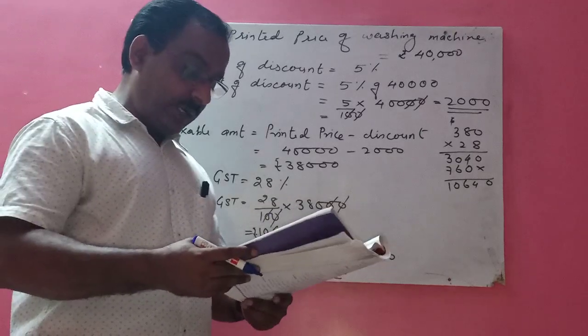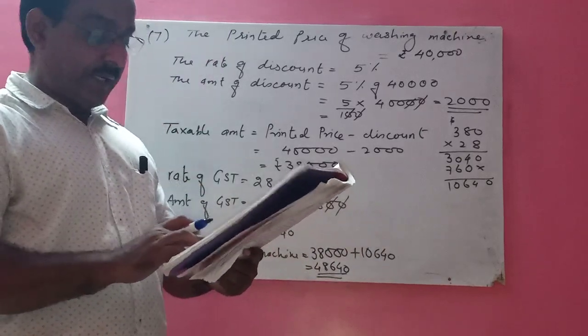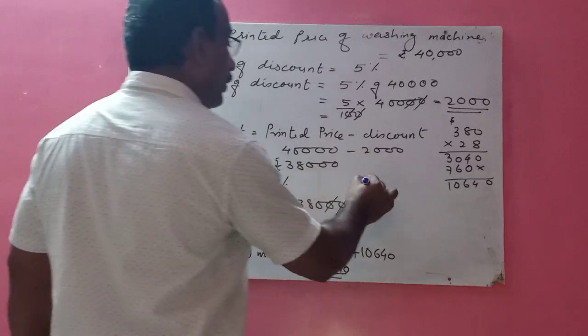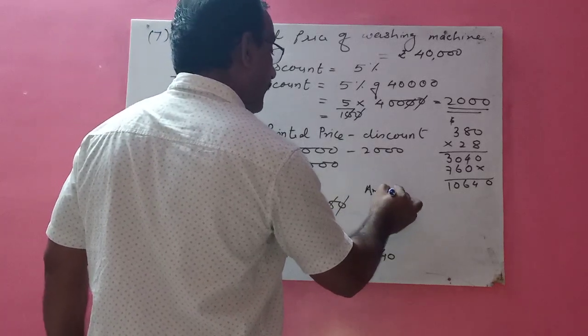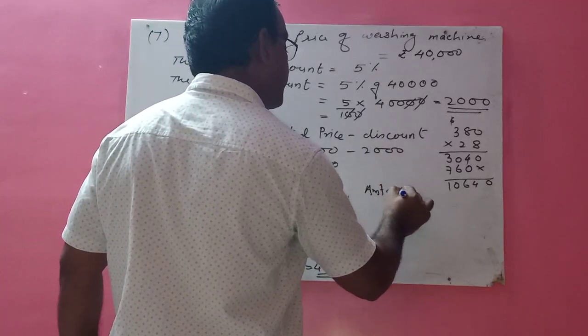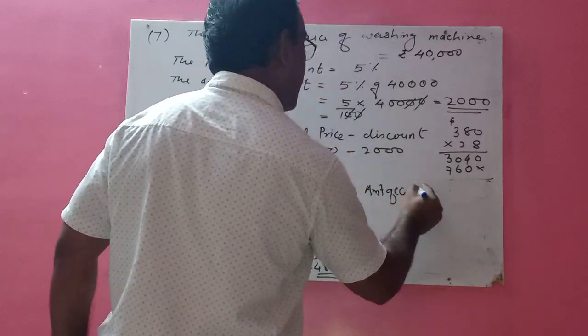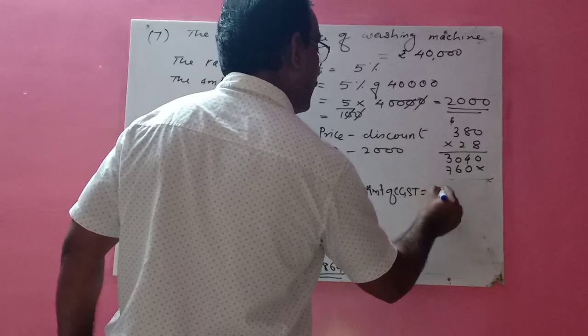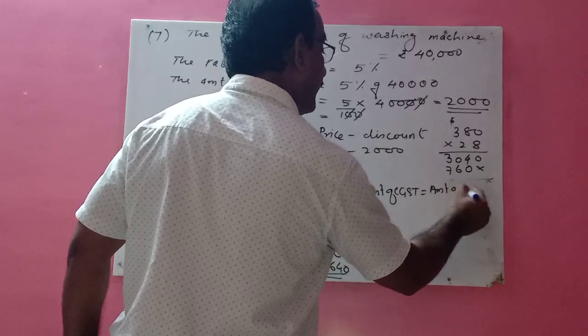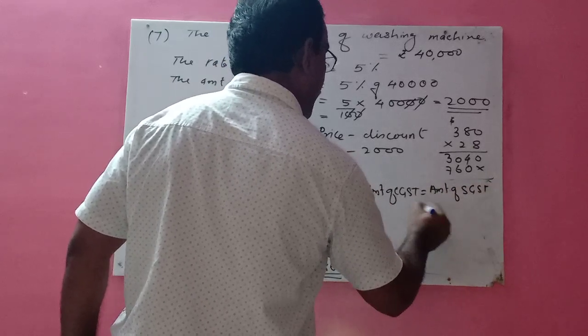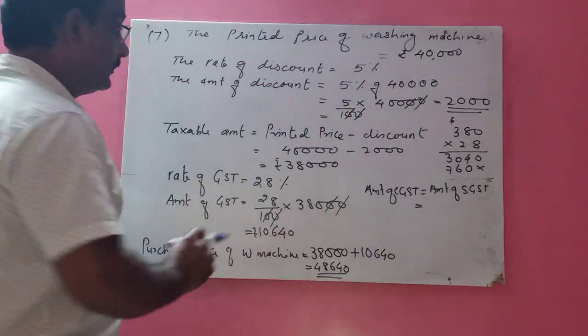Also you have to calculate here the amount of CGST and SGST. So amount of CGST is equal to amount of SGST, which is equal to GST divided by 2.